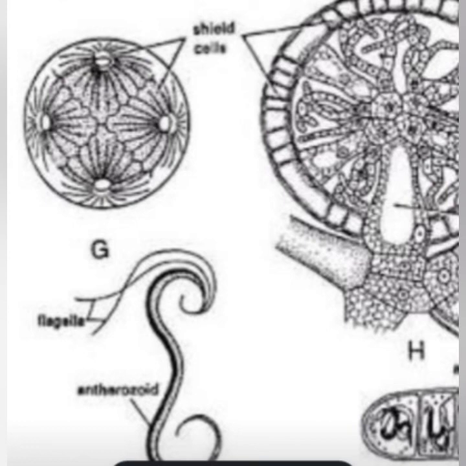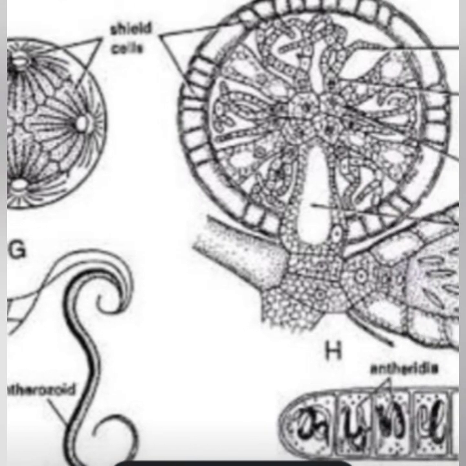Now the sperm mother cells will gelatinize in water, and the antherozoids will be liberated from the antheridia. So this is how the antherozoids are liberated to the outside. The shield cells will open up, start separating from each other, and expose the antheridial filaments.